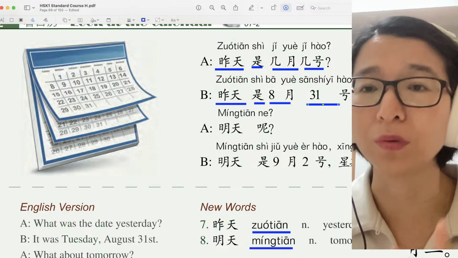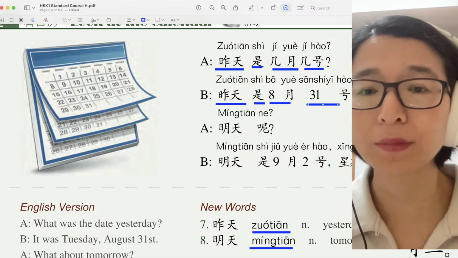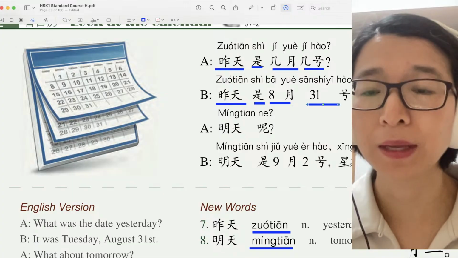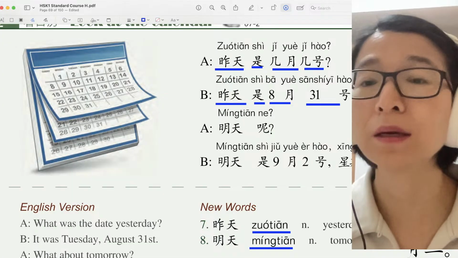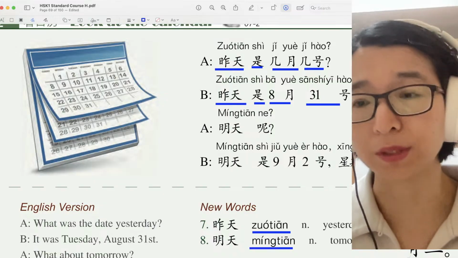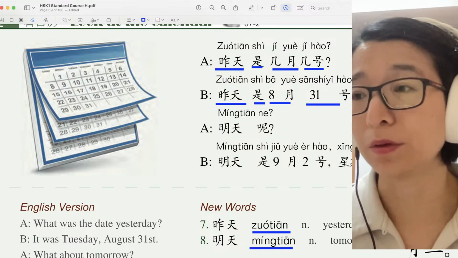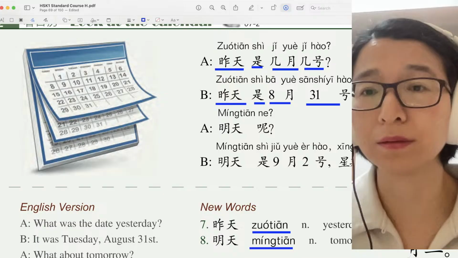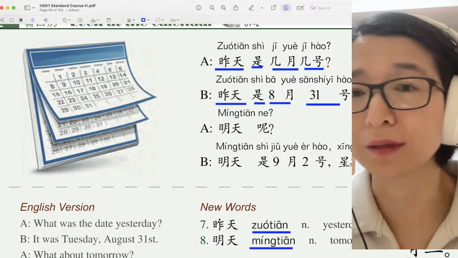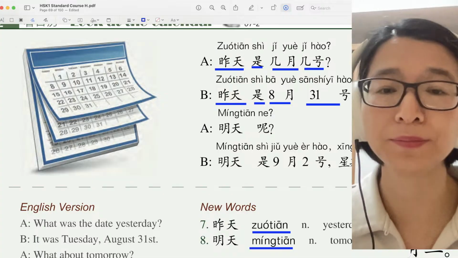The verb always keeps the same form. 昨天是8月31号，星期二, which means Tuesday. So Philip, you asked before how to say Tuesday in Chinese. We don't say 星期两, we say 星期二, right?